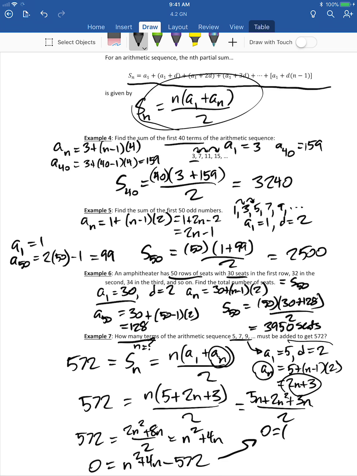You get 0 equals n minus 22 times n plus 26. So n equals 22 or negative 26. Can I have a negative term number, though? That doesn't make any sense. So throw that out. N equals 22. So I need to add 22 terms of this particular sequence to get a total of 572.